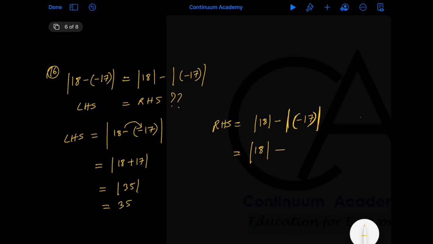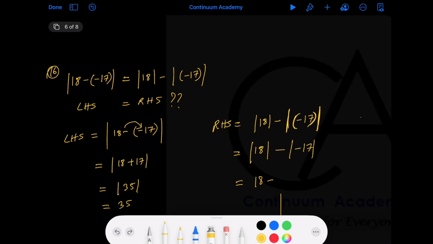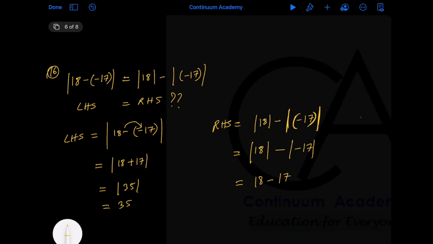If we remove the bracket, we get 18 minus mod of minus 17. Mod of minus 17 is 17. So 18 minus 17 is 1.